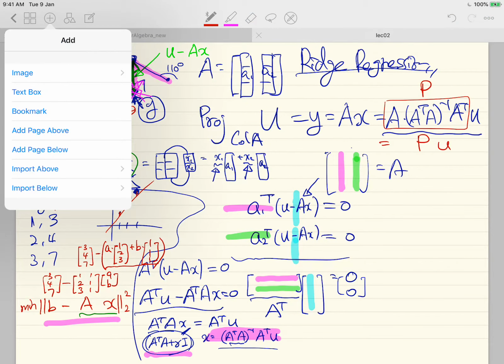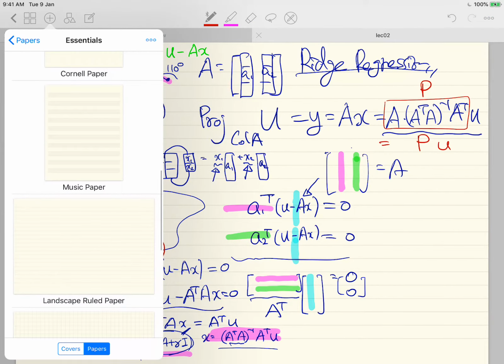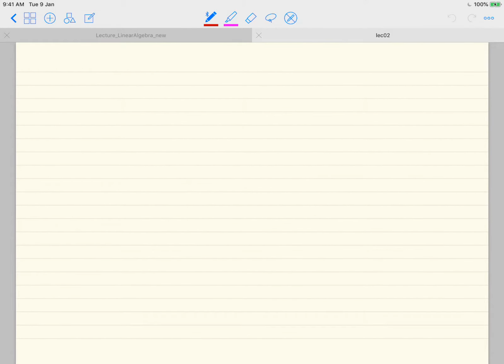So I used this page a lot, so let me make a new page. What's the definition of the linear transformation? So we have a function f, and let's suppose we have two particular function mappings, one between x1 and y1, and another between x2 and y2.